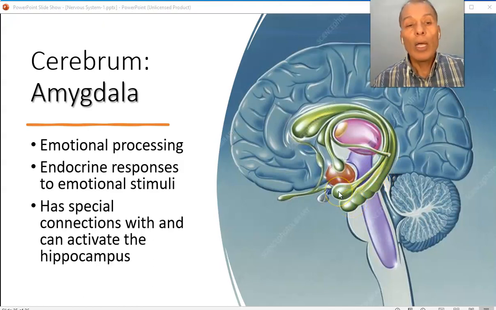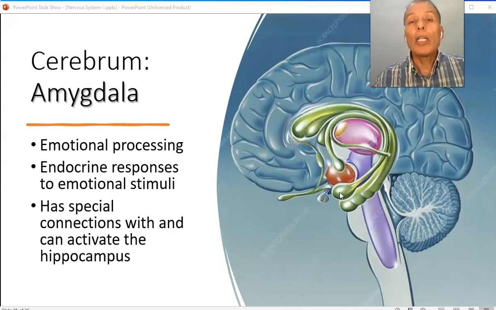This is why highly charged emotional events have high priority in terms of being processed into the memory system, unless of course they are so overwhelming that the brain cannot take it.